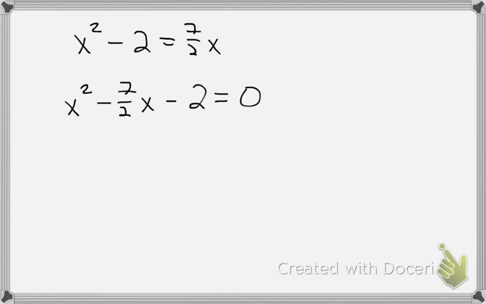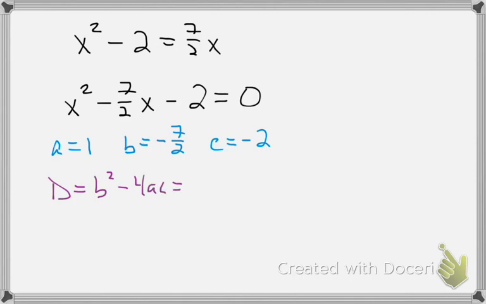We could jump right in. Who's playing the role of A? 1. Who's playing the role of B? Negative 7/2. Who's playing the role of C? That's fine. We're only plugging into the discriminant, b squared minus 4ac, which would be negative 7/2 squared minus 4 times 1 times negative 2.